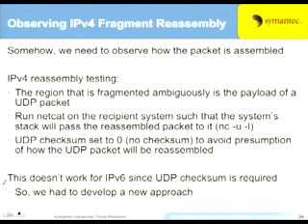Now I'll go into how we did our observations for the IP fragment reassembly for IPv4 and IPv6. For IPv4 we took what's probably a classic approach, in that the region that is fragmented ambiguously is the payload of a UDP packet. So then we ran netcat as a listener on the recipient system.